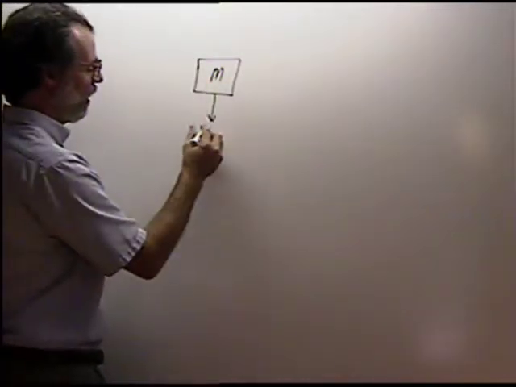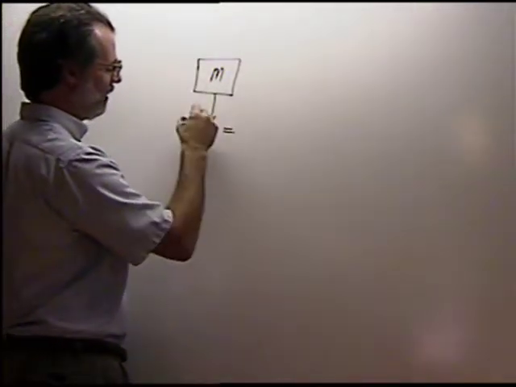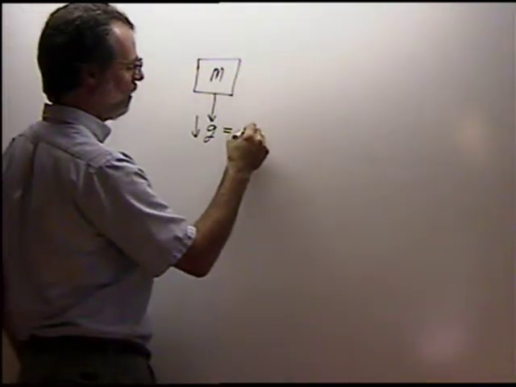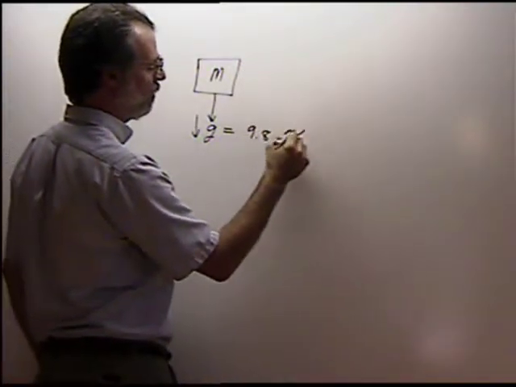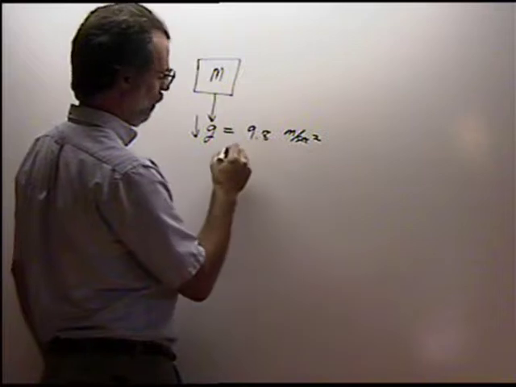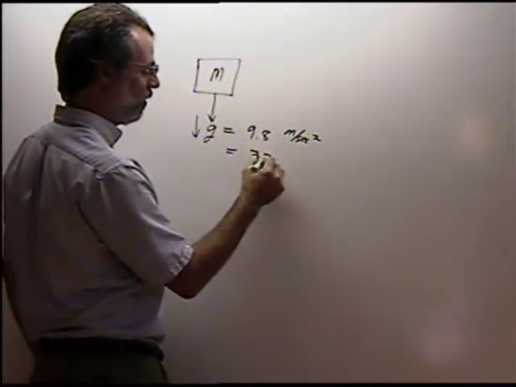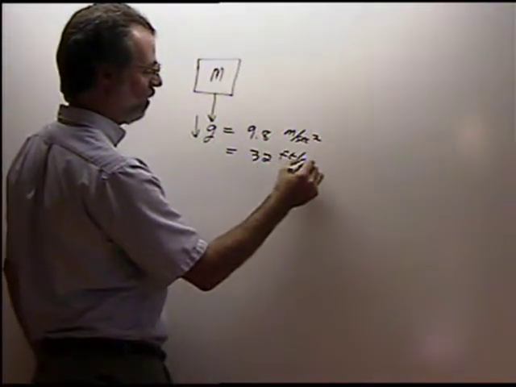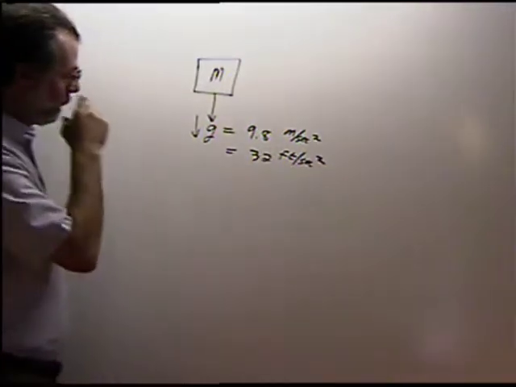That's why things fall. The acceleration of gravity acts down, as we know, and is 9.8 meters per second squared, or in English units, 32 feet per second squared.